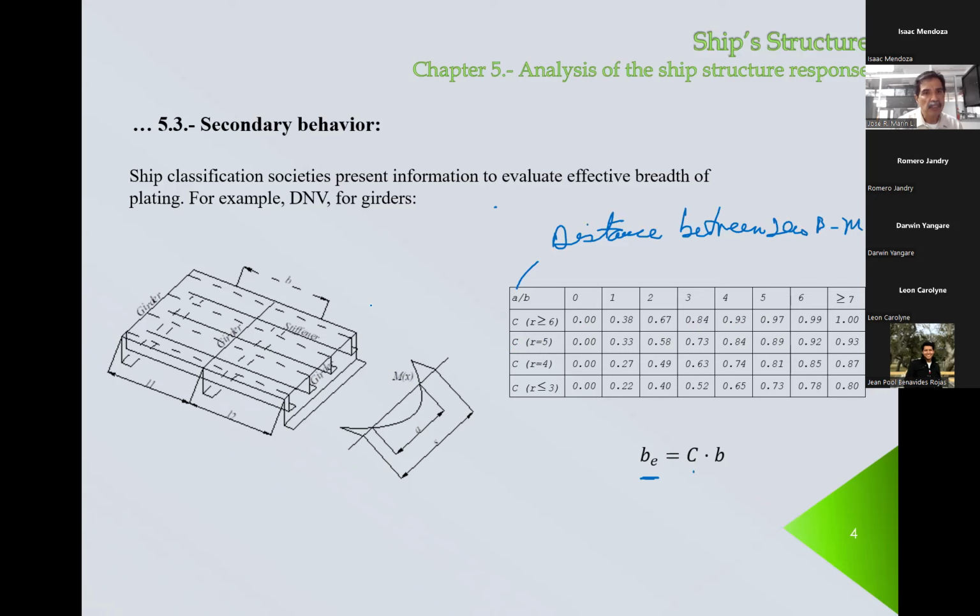And B, of course, is the spacing between girders, or the width of the plate which is welded to the girder. So B here is the total width of the plate.